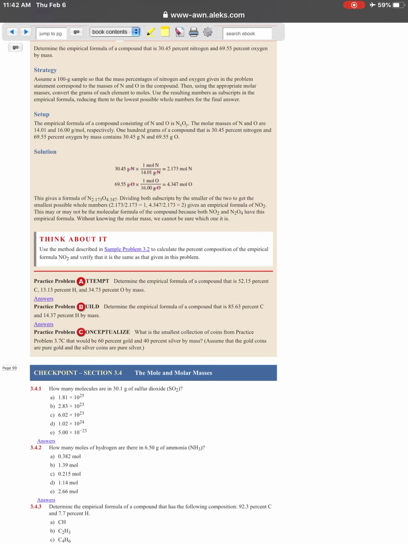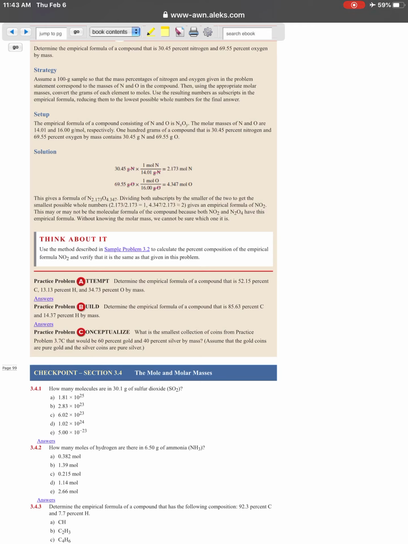So you divide by the smaller of the two. If there's 3 elements, you divide by the smallest of the 3 for all of them. So it looks like it's a 1 and a 2, so the empirical formula would be NO2, right? When you get 1 and a 2, those become the subscripts. But remember, in chemistry, we don't write a 1 as a subscript, we just write the symbol for the element. So NO2 means 1 nitrogen, 2 oxygens.